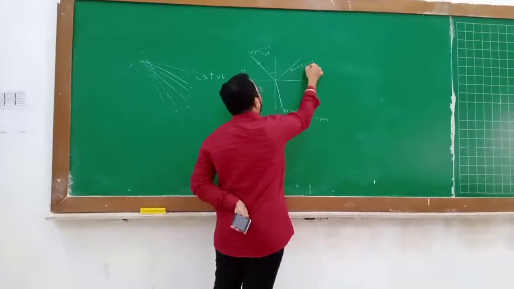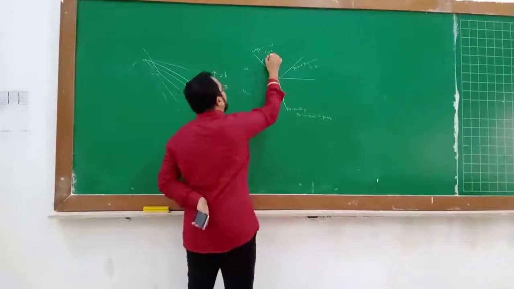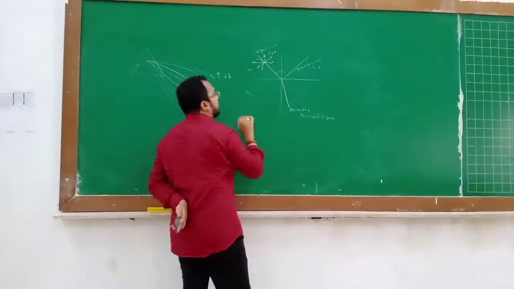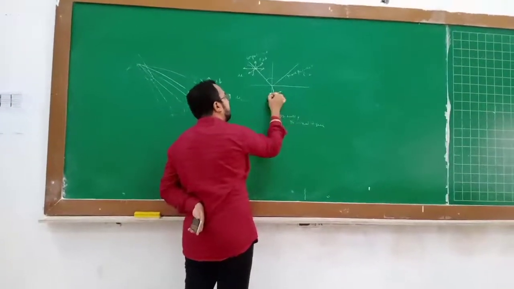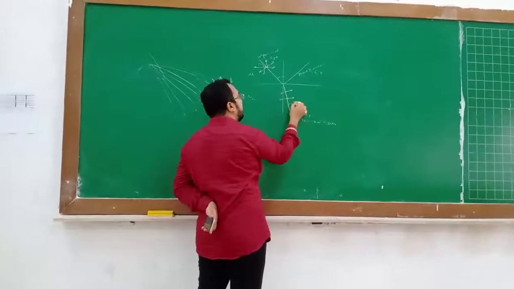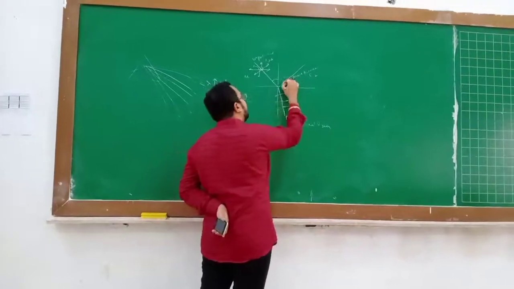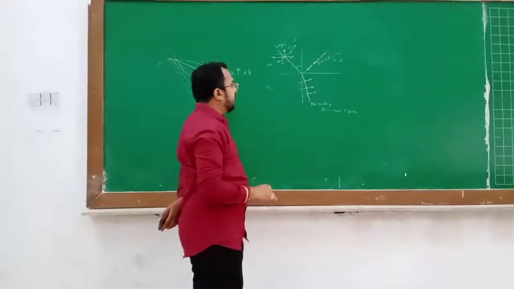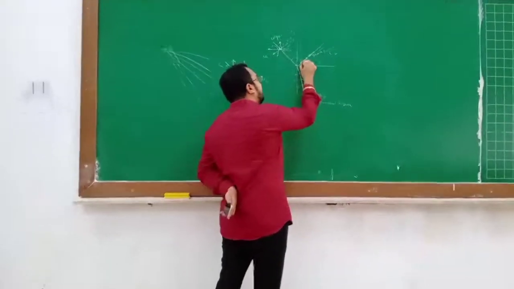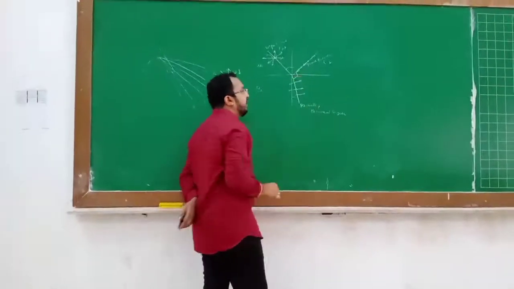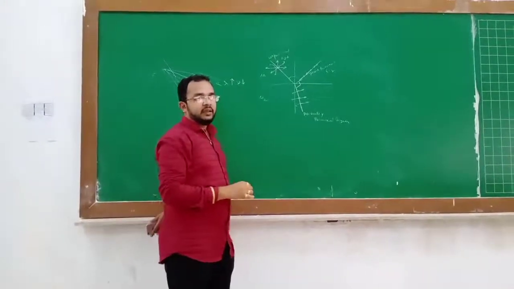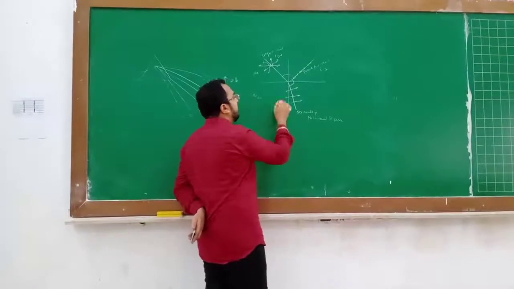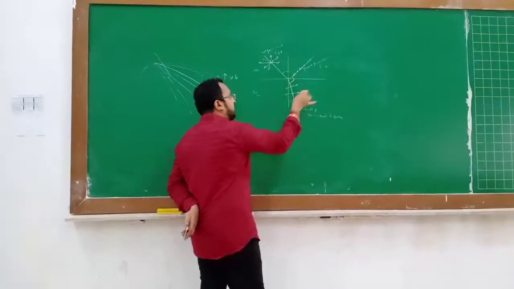For example, its vibrations are in all directions. Here the vibrations are perpendicular because it is partially polarized light, and here the vibrations are of plane polarized light. Now, in this case, the angle between refracted ray and reflected ray is 90 degrees.